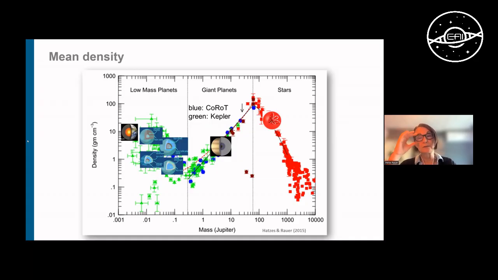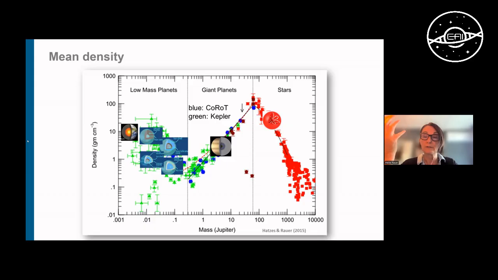The first handle to learn about the nature of a planet is the mean density. And in 2015, Athanasios and I made this diagram, just empirically plotting the mean densities known at the time versus the mass of planets. And it turns out this gives this kind of zigzag curve. On the right-hand side, the red dots, you see these are stars.